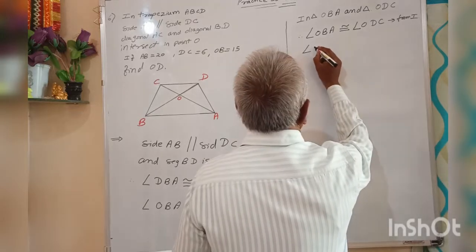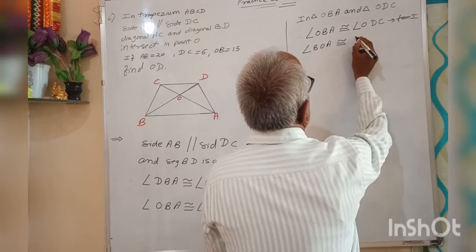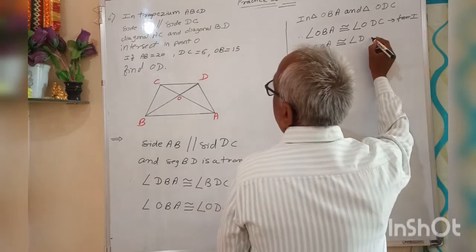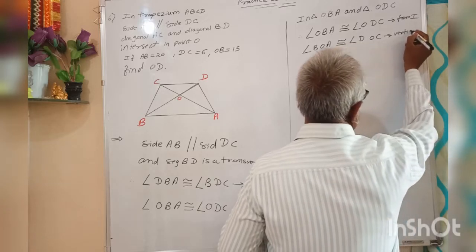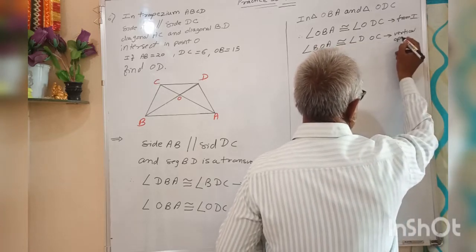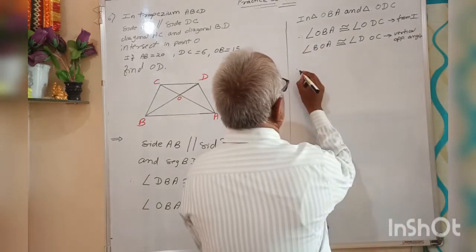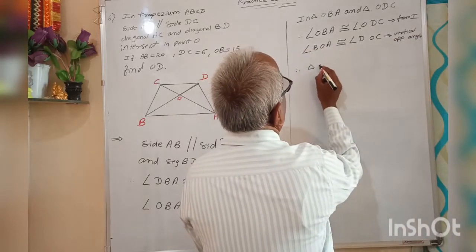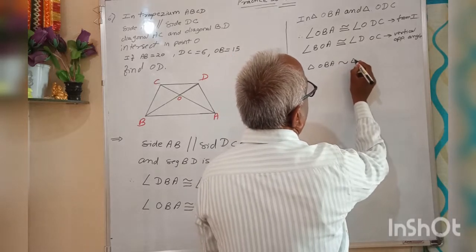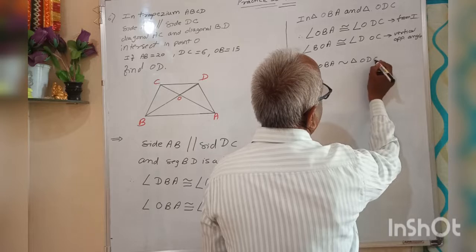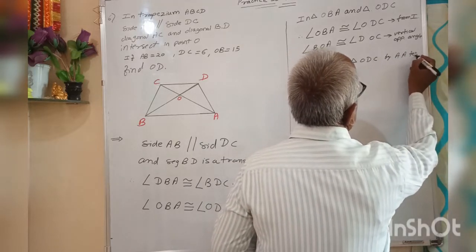Angle BOA is congruent to angle DOC, that is vertical opposite angle. Therefore, triangle OBA is similar to the triangle ODC by AA test.